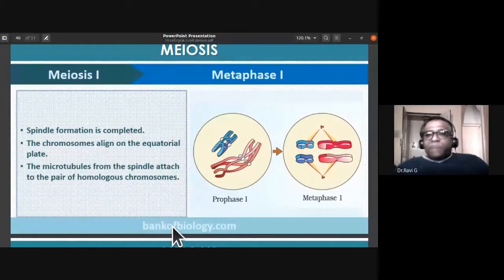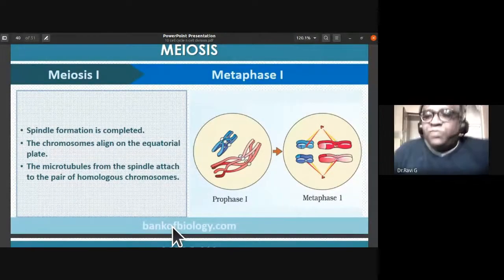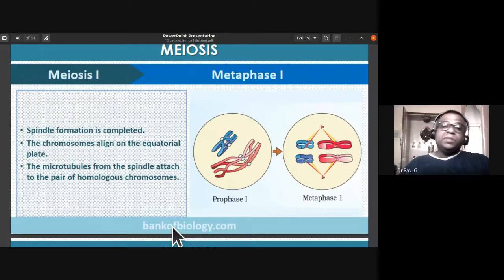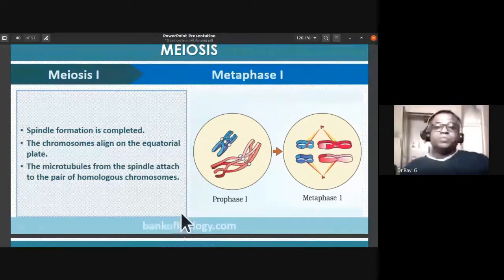Now, metaphase one. You know that in metaphase one, the chromosomes are arranged on the equatorial plate, so spindle formation is noticed. The microtubules from the spindle attach to the pair of homologous chromosomes.